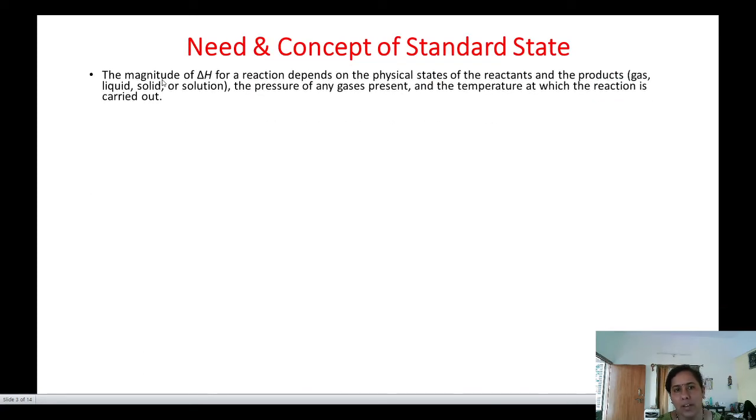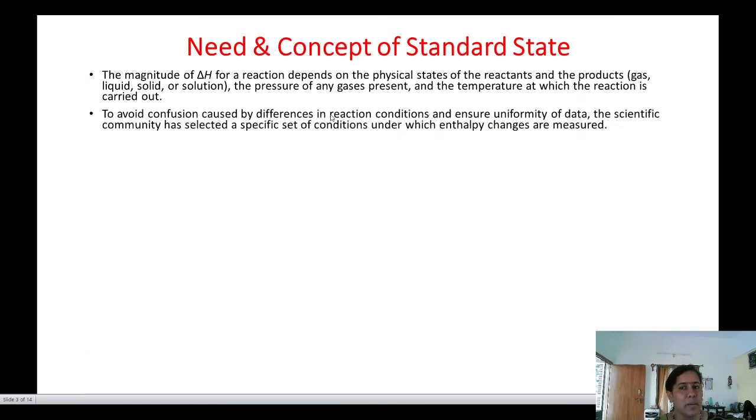Now we have to see the need and concept of the standard state. After seeing the heat of reaction, the magnitude of delta H depends upon the physical states of reactants. Again I am repeating this, which are the physical states? Solid, liquid, gas and solution, and also the pressure of any gas present and the temperature at which the reaction is carried out.